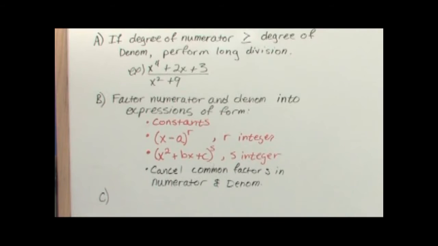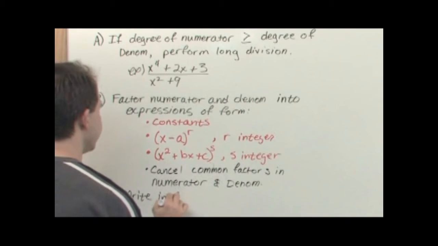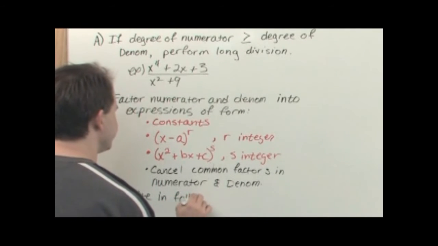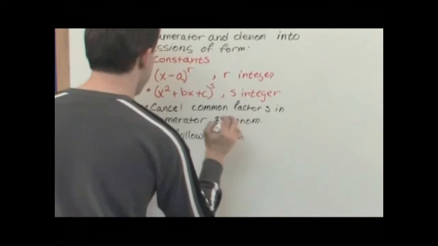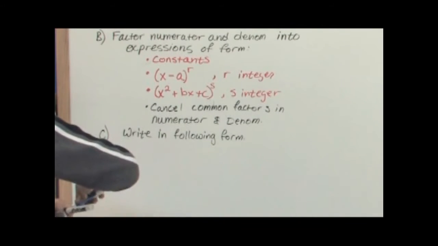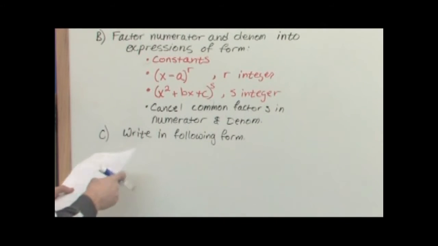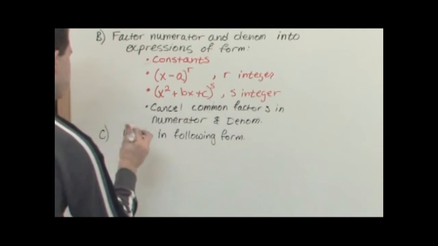And what you do is you write the thing that you're trying to write as a partial fraction in the following form. Okay, and I'm going to switch colors because this is very important. You're going to write your expression. This is the magic of it.